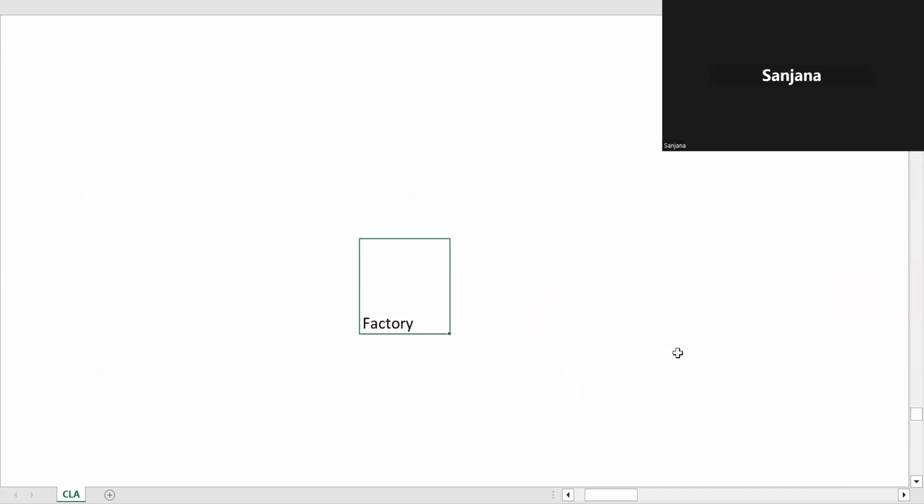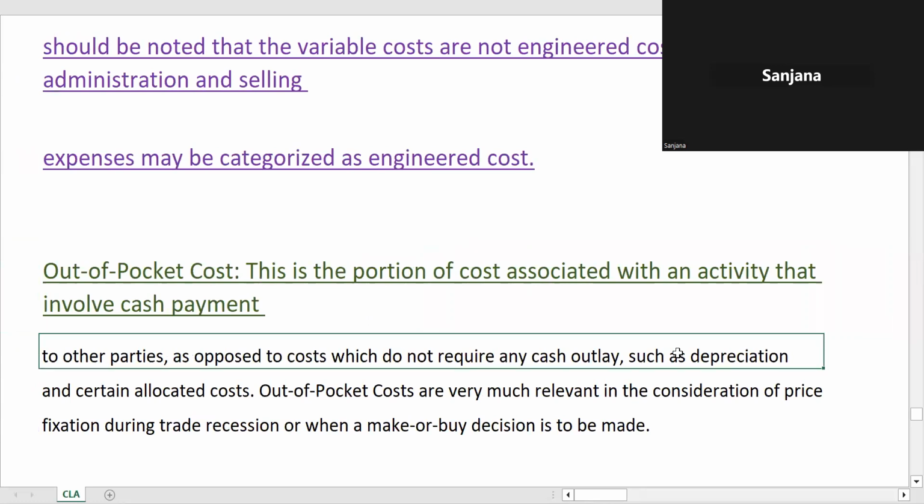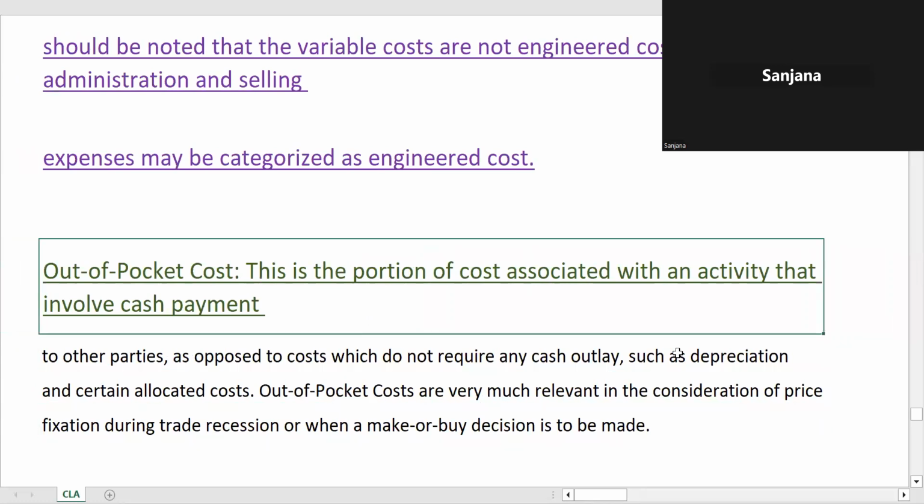You are giving this factory on rent to that person, and in return, he's supplying you some raw materials. So during times of recession, this will be helpful, because you will not have money to spend. That is the only relevance of out of pocket cost. Sometimes you have to think about whether you have to spend it or not. You don't want to spend money in certain cases.